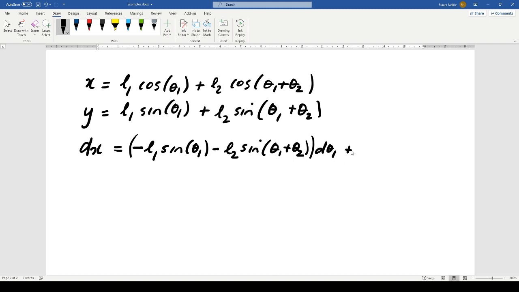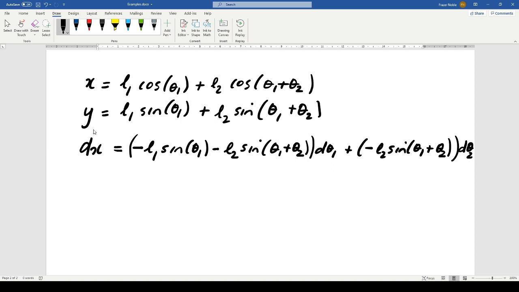And we're going to add to that then the partial derivative of the equation with respect to theta 2. So the L1 cosine theta 1 is a constant, so the derivative of that becomes 0. And this last term then becomes minus L2 sine theta 1 plus theta 2 times the differential d theta 2.